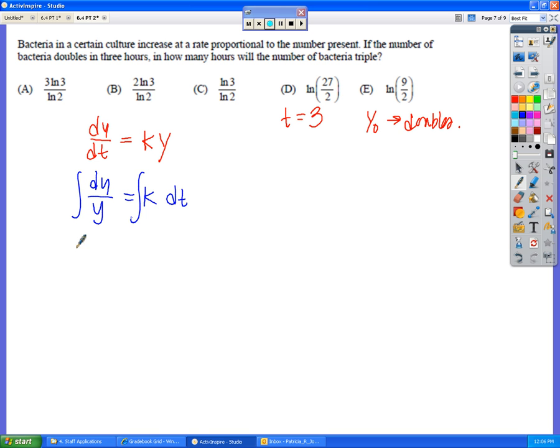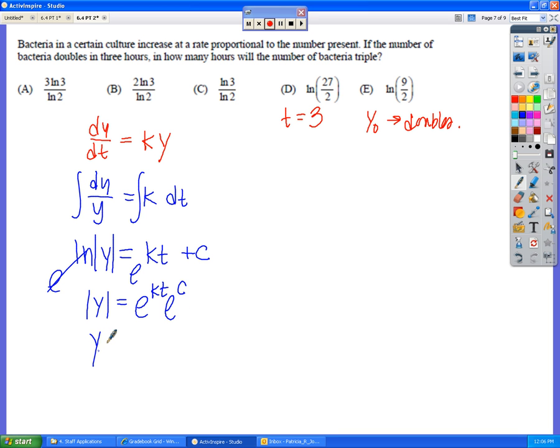So let's see. Let's start off with this. K is your constant, remember. So I get the ln of y is equal to kt plus your c, absolute value around the y. Use my e to cancel, and I get the absolute value of y is equal to e to the kt times e to the c. y is equal to plus or minus e to the c; I'm going to write just a, so I'm skipping a step there. So this is my initial amount. Remember I said that?